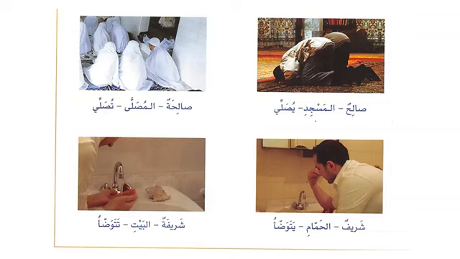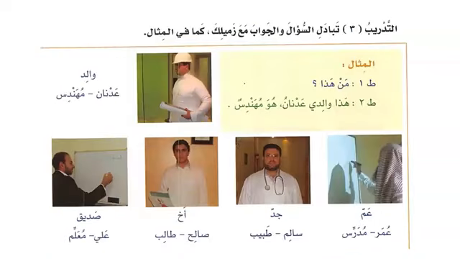And if I say أين صالحة, you will say صالحة تصلي, she is praying. هذا هو المصلى, this is the praying area. Like this, here we have شريف and الحمام and يتوضأ, and then we have شريفة and البيت and تتوضأ. So now you have to practice the present tense for the third person. For the masculine we use ya, and for the feminine we use ta at the beginning of the verb.